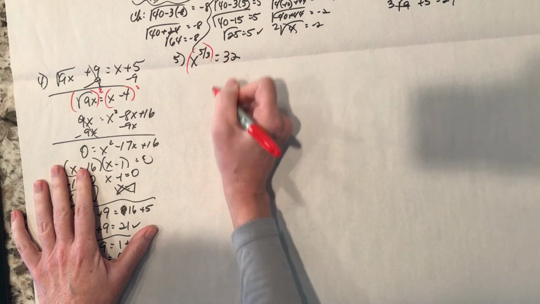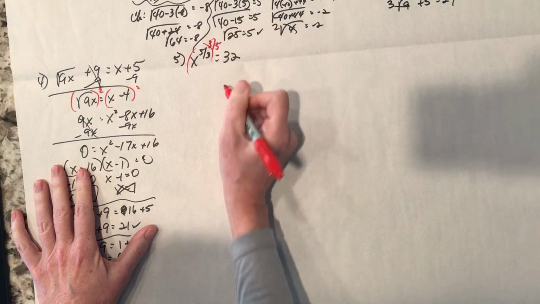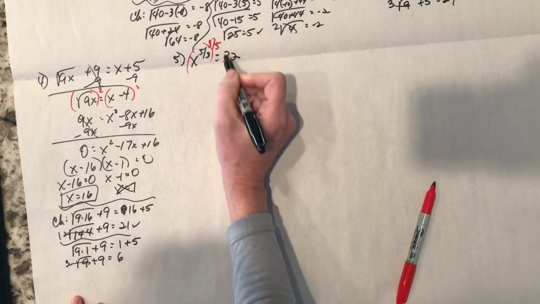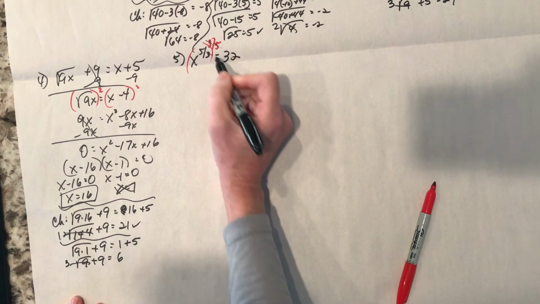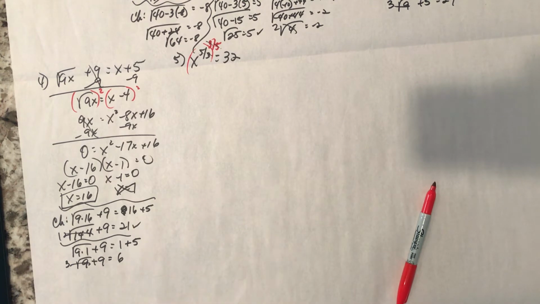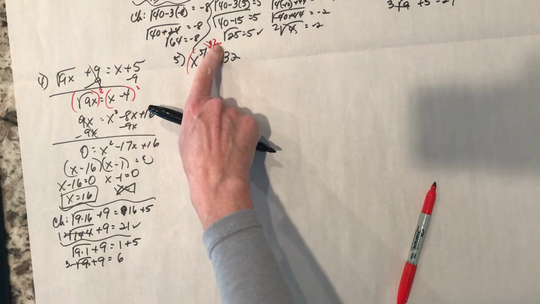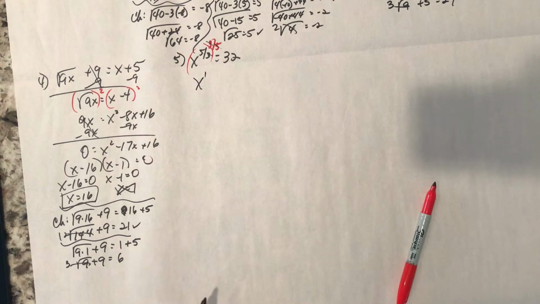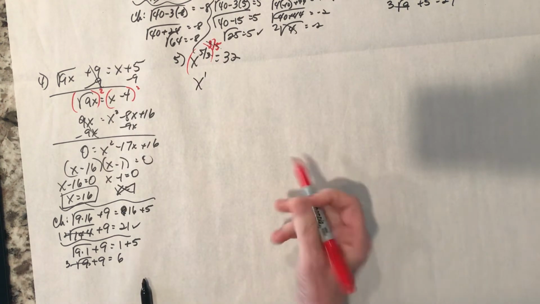So the reciprocal of 5/3 is 3/5. 5/3 times 3/5. The 5 on top cancels with the 5 on bottom. The 3 on top cancels with the 3 on bottom. So any fraction times its reciprocal will give you exactly what you want. You want a 1 there. So we're good on the left-hand side.